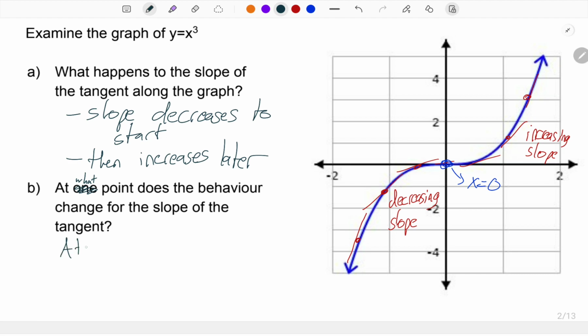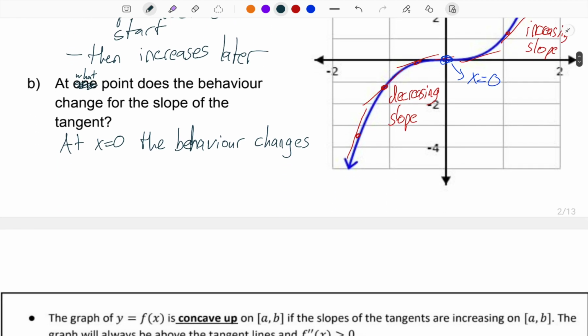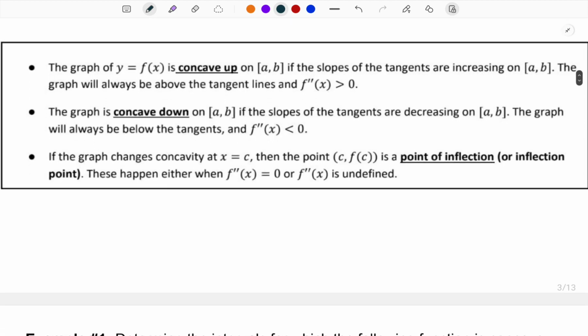So at x equal to 0, the behavior changes. And what I mean by behavior changing is that we have the slopes decreasing, and then they start increasing at that point. And that's what we're going to focus on in this lesson: where do those changes happen? And what do these decreasing and increasing slopes tell us about the shape of the graph?